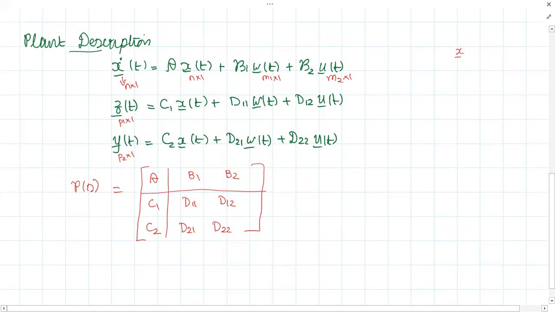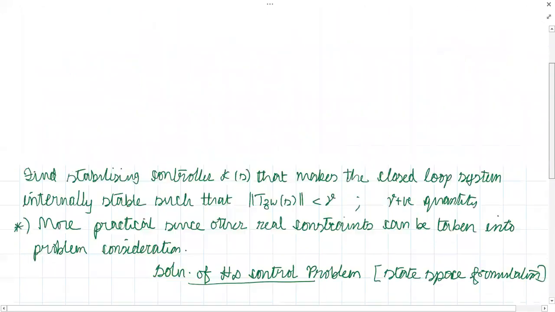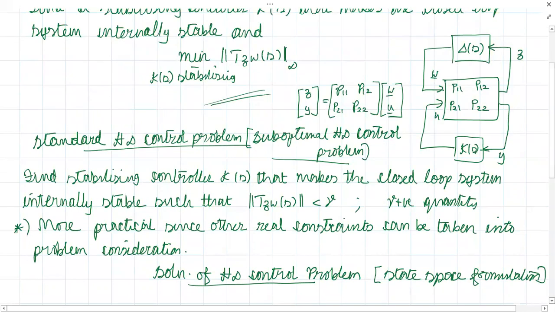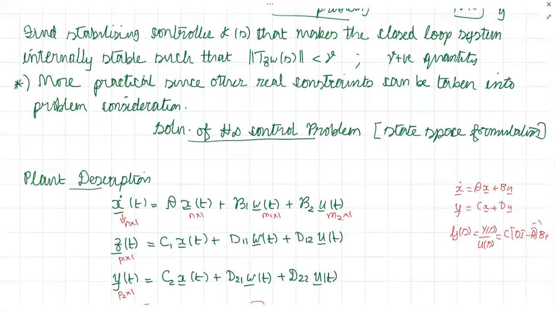If we have x dot equal to Ax plus Bu and y equals Cx plus Du, how will you find the transfer function from this? It is C into (sI minus A) inverse B plus D.